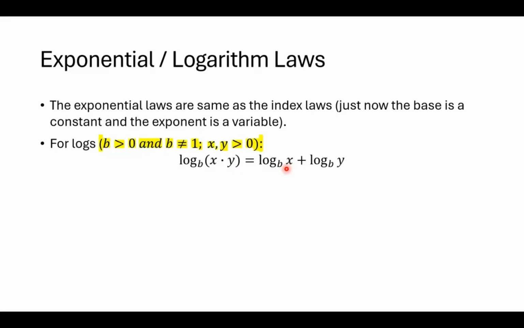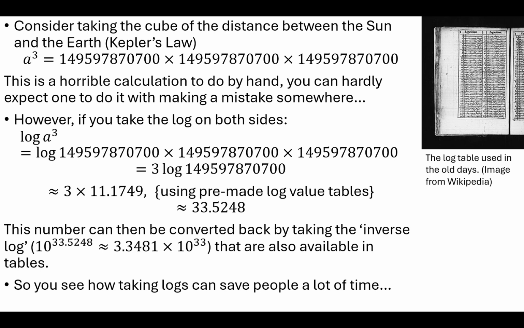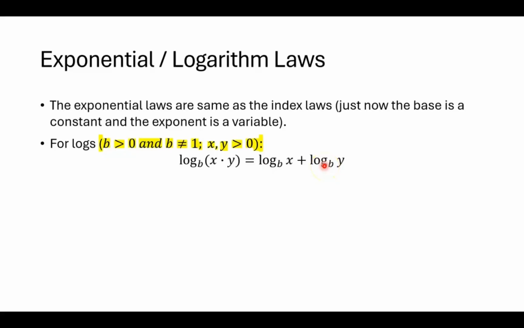You can just look up the values of the log of a number. So in this way, if you take the log of a large product, you can turn it into a simple small number addition. And enough of history, let's get on to log laws.